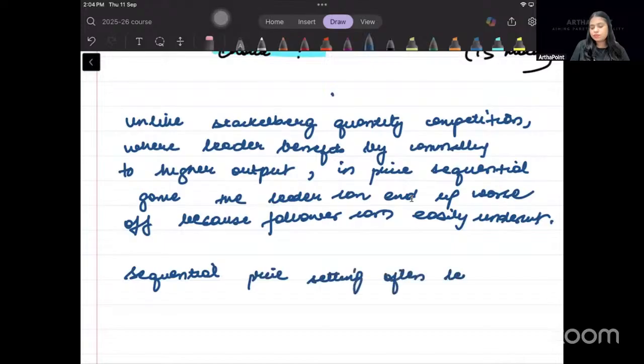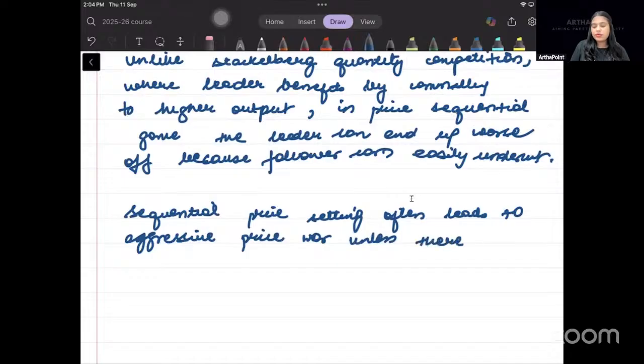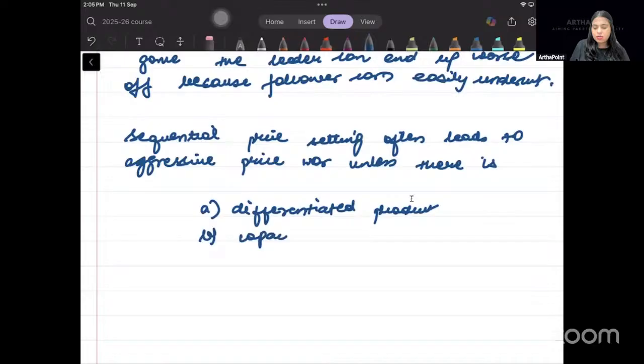often leads to aggressive price war unless there is a differentiated product, or capacity constraint. तो अगर differentiated product नहीं है, with differentiated product outcome will soften, क्योंकि दोनों products अलग हैं, you may still capture your loyal customer, but if the product is same, right, those who will announce their price first will actually suffer, right?